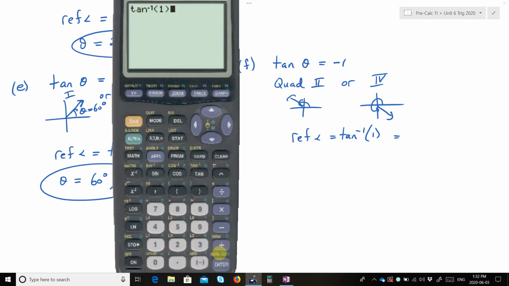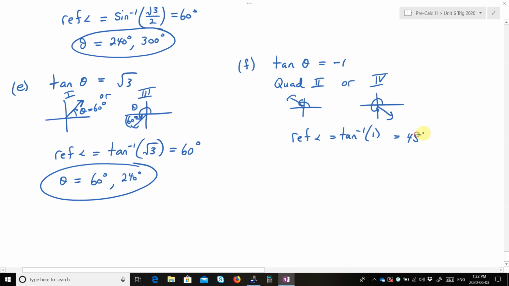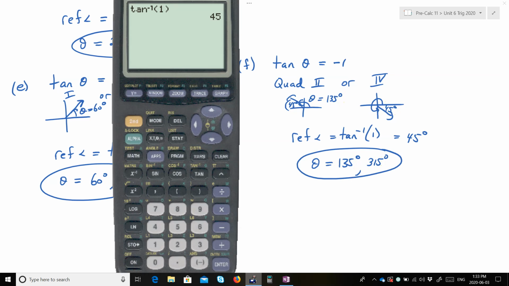Shift tan of 1, and we get 45 degrees for the reference angle. So 45 degrees in here and 45 degrees in here. So theta is equal to, this angle right here is 180 minus 45, so 135 degrees. And in here it would be 360 minus 45, which is 315 degrees. Okay, so if you go tan 135, we should get negative 1, and tan of 315, we get negative 1. Perfect.